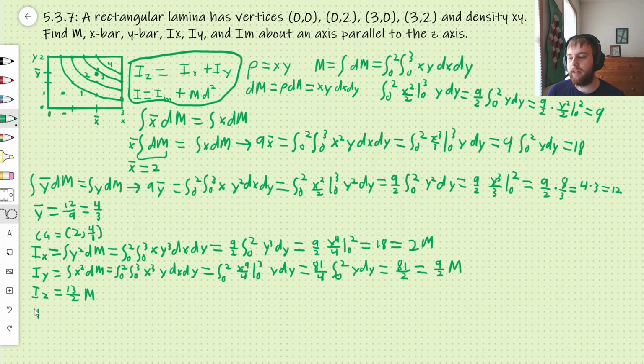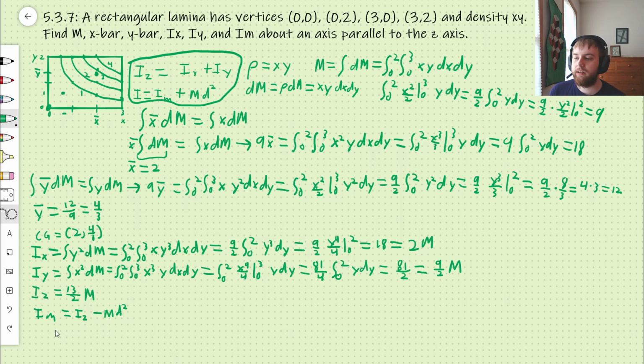So flipping this around, Im is equal to Iz, because we're talking about a parallel axis here, minus m, which is the mass, times d squared. And the z-axis is here at 0. So the d squared is actually the distance between it and the center of mass, squared.